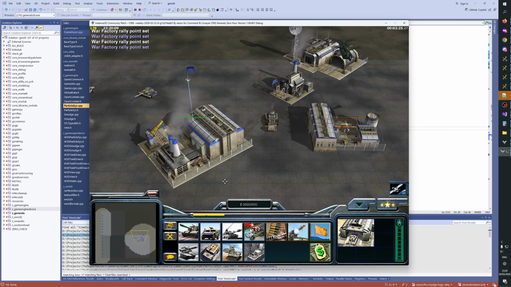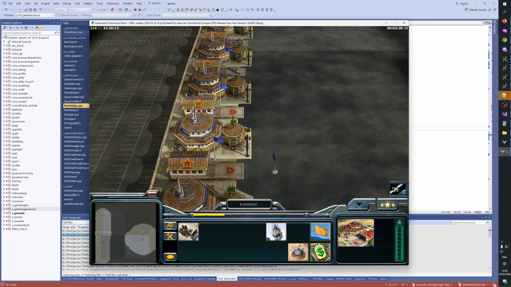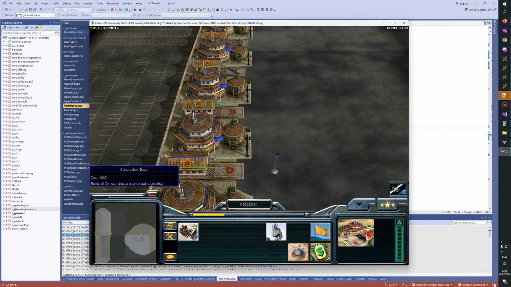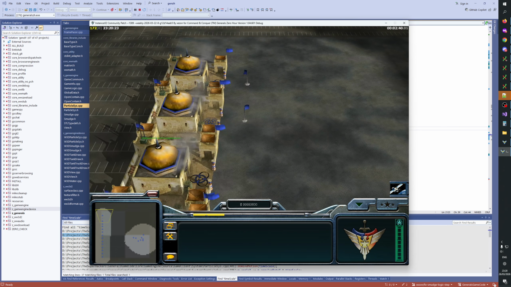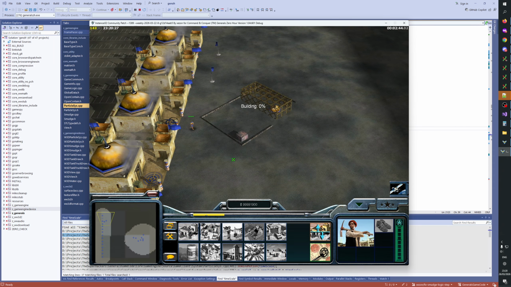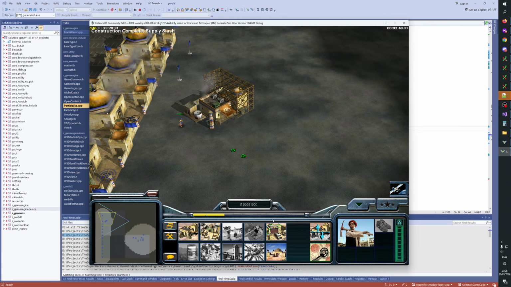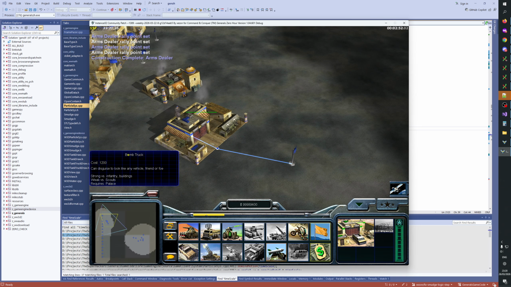Then what else can we look at? Let's get a toxin tractor. Toxin tractor does a lot of particles.